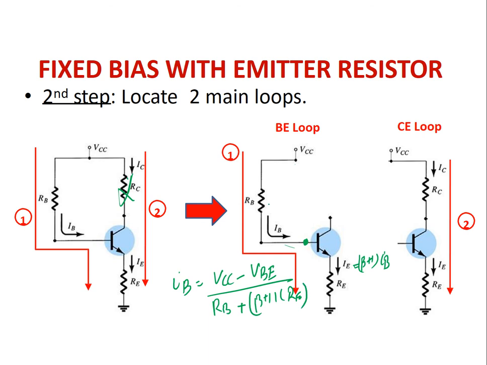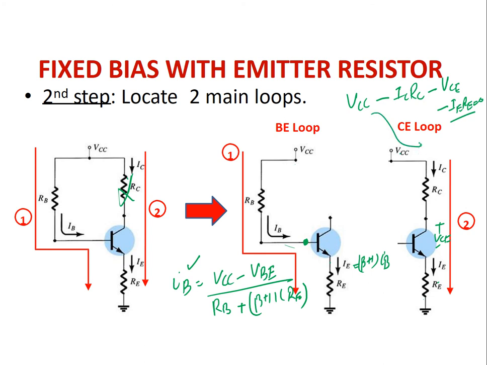If you write the KVL equation like we did earlier, we can also derive this relationship. So this will be the IB, then we can calculate VE and go on similarly. For the collector loop, if we write the KVL, start from here: VCC minus the voltage drop IC into RC, minus VCE, minus the voltage drop across the emitter, IE into RE, is equal to 0.